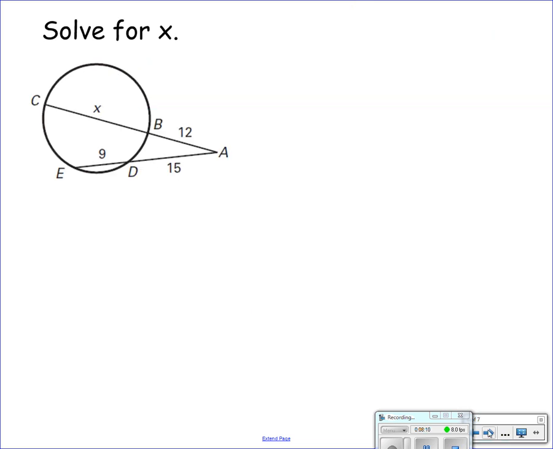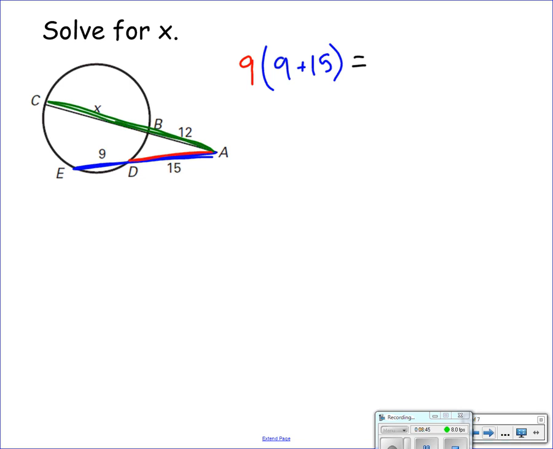All right. Our last example, solving for x. So let's look at what we have here. You have two secants, whole segment. So we have 9 plus 15, the whole segment, times the piece outside, not the piece inside, the piece outside, times 9, equals the whole segment again.